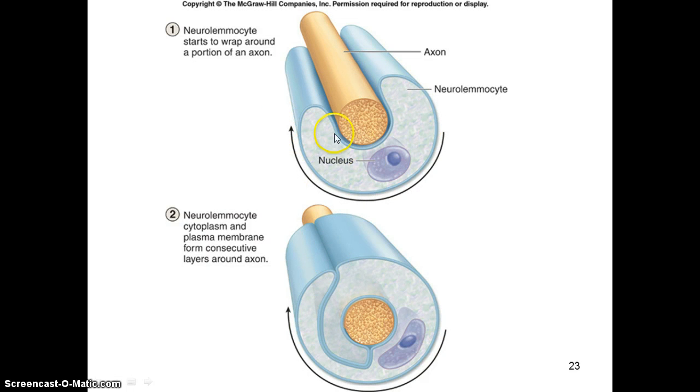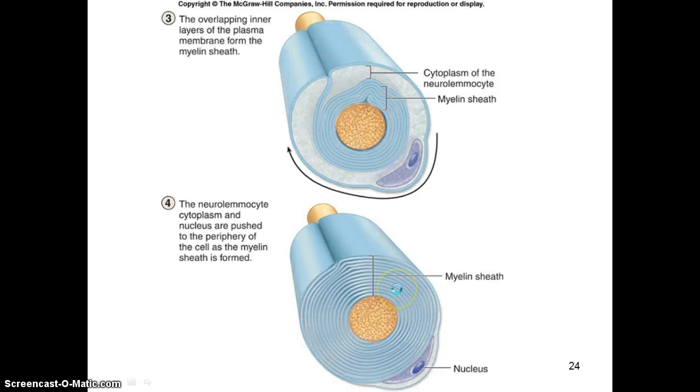So these slides just show how myelination occurs. In the case of a neurolemmacyte, we're looking at a cell that has a plasma membrane, a cytoplasm, and a nucleus, and it just begins to concentrically wrap around the axon.